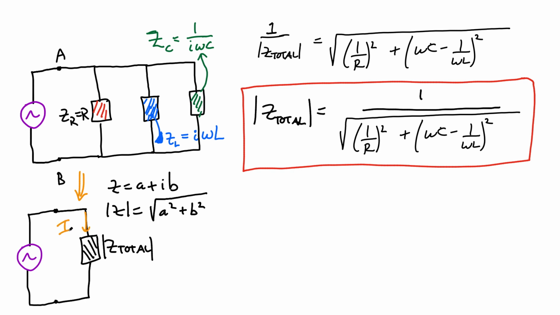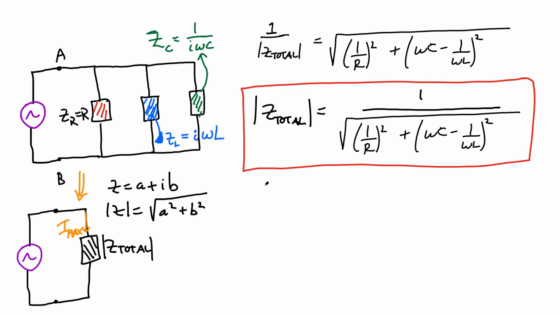There's going to be 2 things that this complex impedance does. First of all, if there's high impedance, it means that the current is going to be small, and it will also introduce an angle between our voltage source and our total current. Okay, so what we're going to first do is, let's see how you would calculate the maximum current.